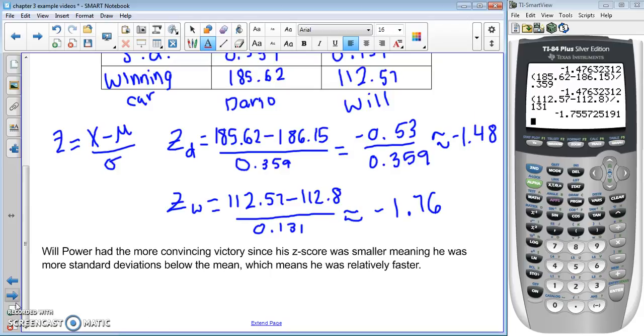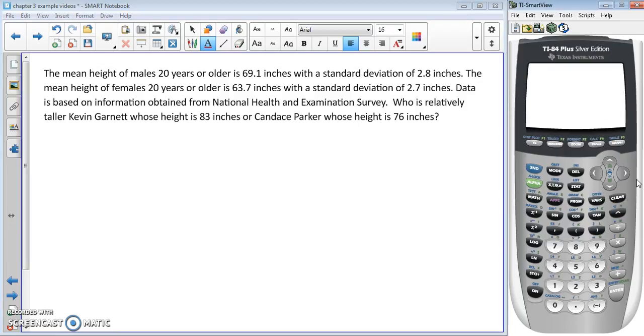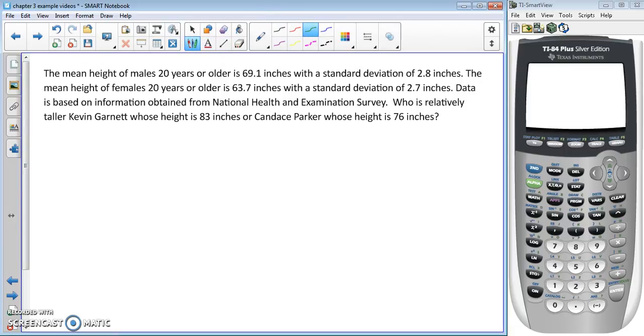So with that being said, let's look at another example. So you have the mean height of males here, and then the mean height and the standard deviation for females, and we want to know if Kevin or Candace is relatively taller. Right. So let's compute their z-scores here. So we have the z-score of Kevin.